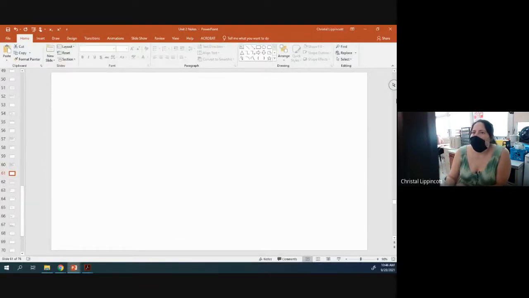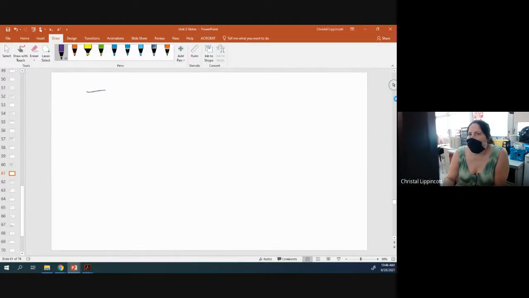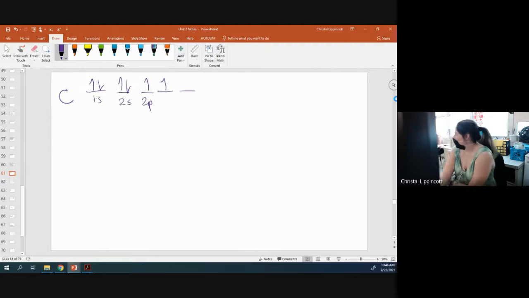Okay. If we have something like carbon, for example, carbon has 1s, 2s, 2p, right? So this is carbon. That's carbon's orbital diagram, correct?